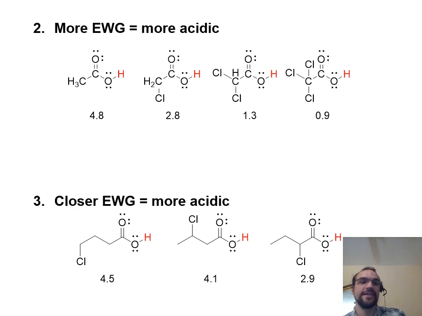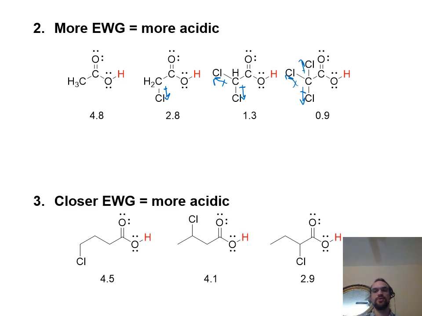But there's also an effect of having more electron withdrawing groups, right? As I start to add more chloro substituents, look what happens to the pKa of the acid. It goes from 4.8 to 2.8 to 1.3 to 0.9. So it's an additive effect.